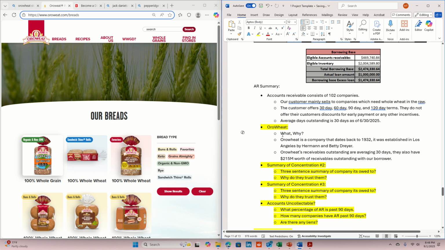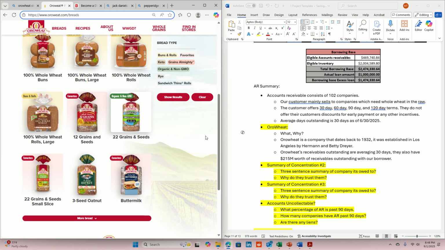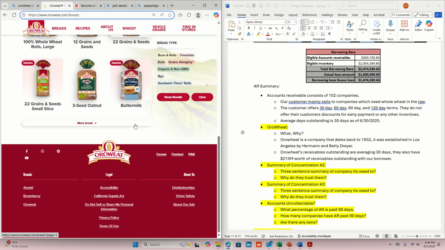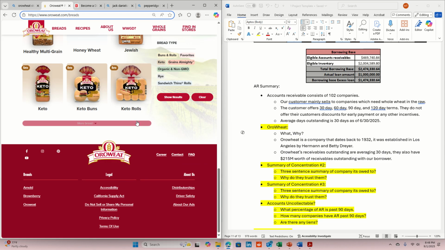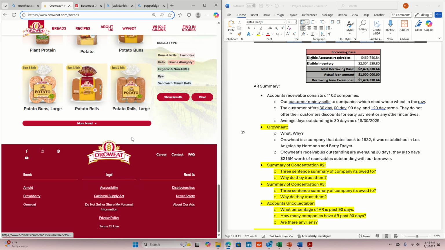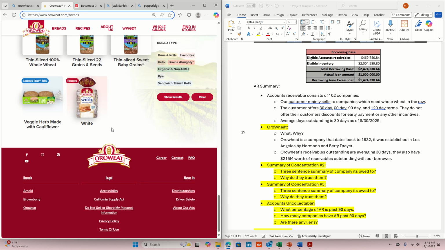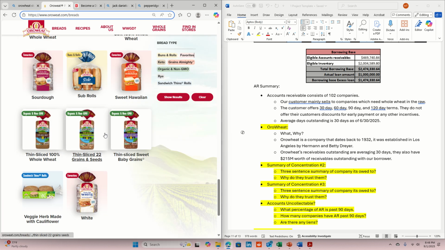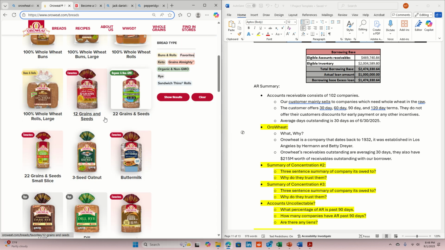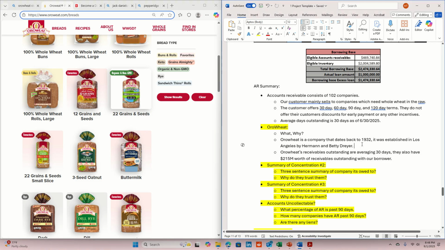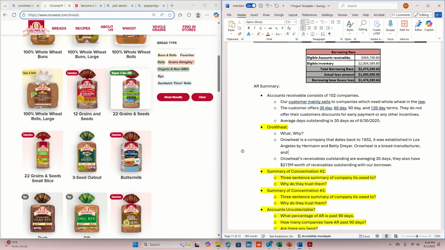Alright, so now let's find out what. As we look through the products they offer, we can tell that all their products are bread. So bread, bread, bread. Okay, so what is Oro Wheat? Oro Wheat is a bread manufacturer and distributor.